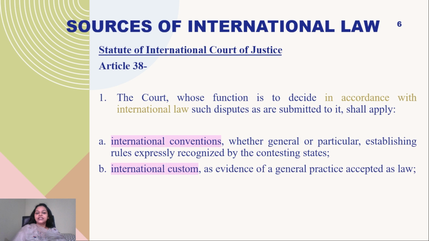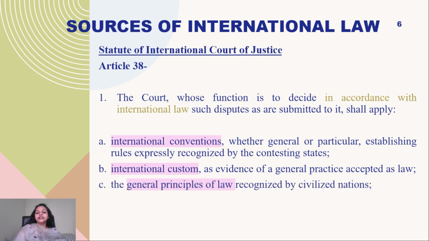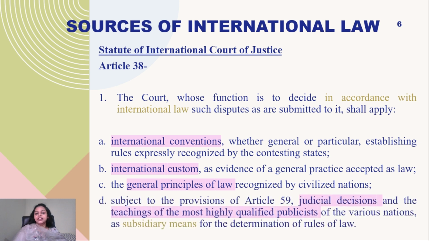Second source is international custom as evidence of a general practice accepted as law. Third is the general principles of law recognized by civilized nations. And fourth is, subject to the provisions of Article 59, judicial decisions and the teachings of the most highly qualified publicists of various nations.